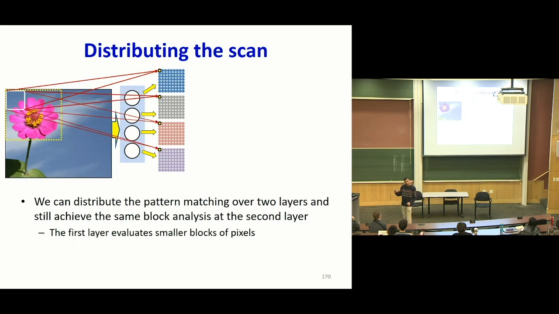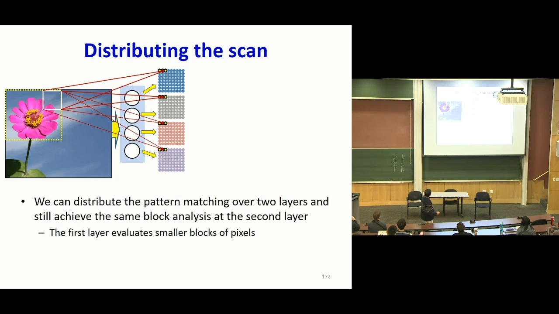So what I could do now is to say that within this block within which I'm looking for a flower, I'm going to be looking within smaller blocks, maybe this size. And so when I consider what each of these outputs is, this output is only looking at a much smaller block of the input. And so this is how I'd be scanning, right, like so.